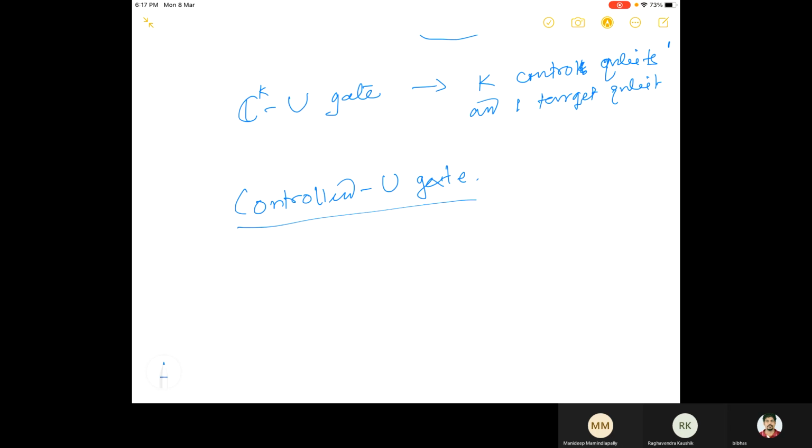But as I said towards the end of the last class, there is a parametric form of all possible unitary matrices of order 2 by 2. I am writing just the parameterization here, because I need to implement this U in terms of single qubit and CNOT gates. So that's why I have to write this expression. e to the power i(delta minus alpha by 2 minus beta by 2) cos theta by 2, minus e to the power minus i(delta minus alpha by 2 plus beta by 2) sine theta by 2.